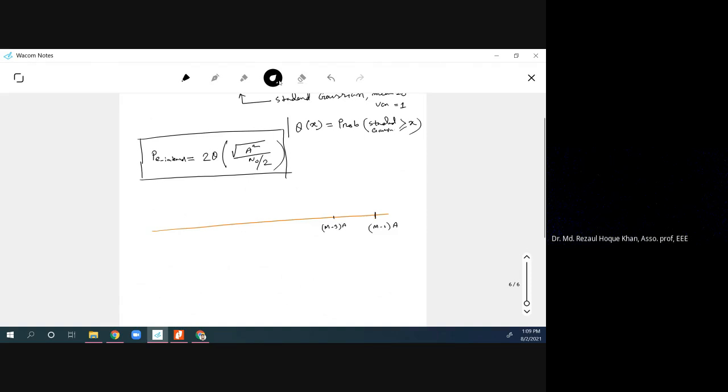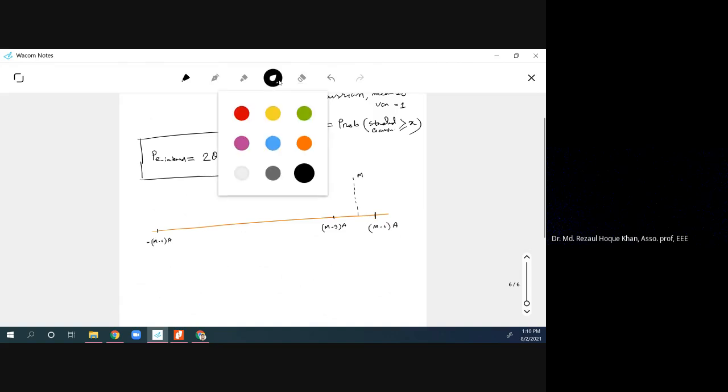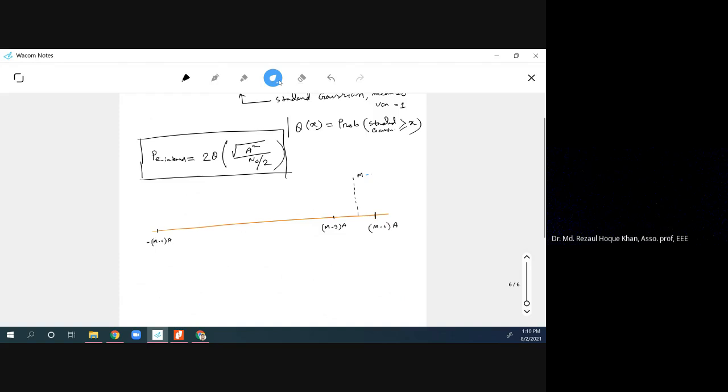The midpoint boundary is m minus twice a.